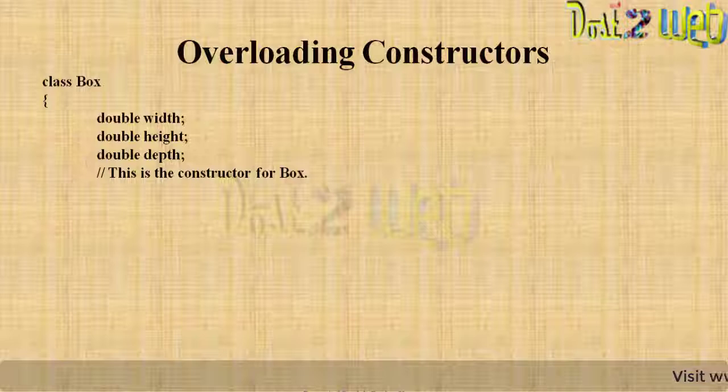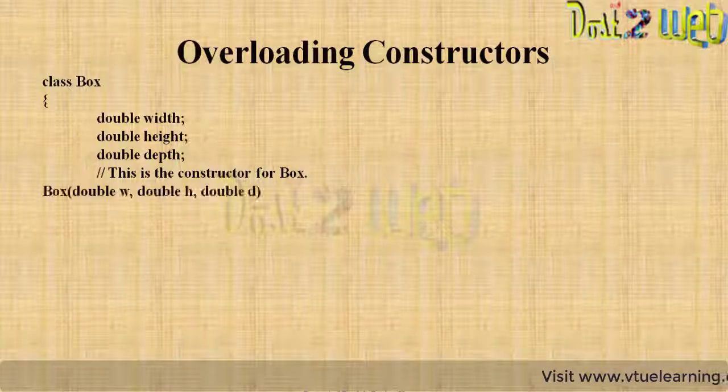We have seen in the previous example for the constructor, creating the class Box, and we declared the height, width and depth of the class. After that, we created the constructor for the Box.